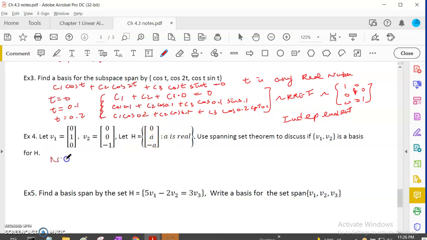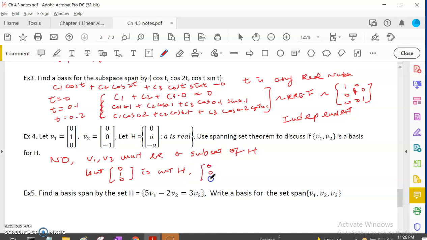But I would say no, because V1, V2 must be a subset of H. In order for it to span it, it must be a subset of H. But obviously 0, 1, 0 is not in H, although it can span some of it.